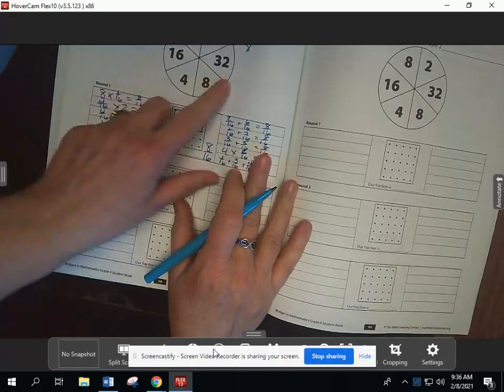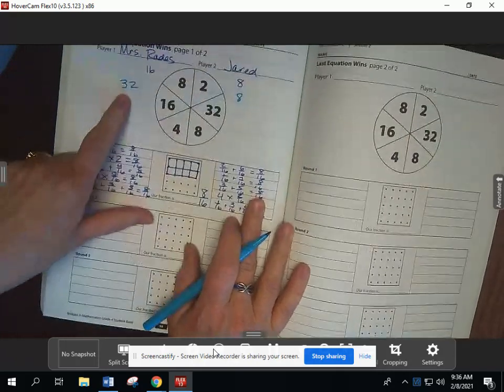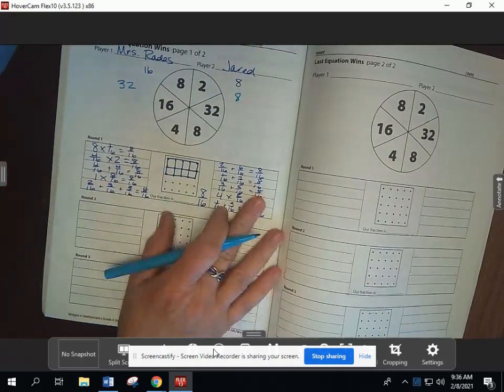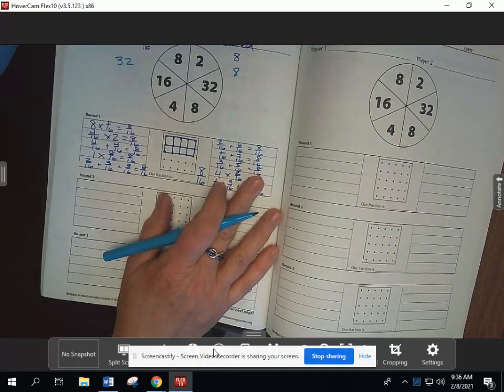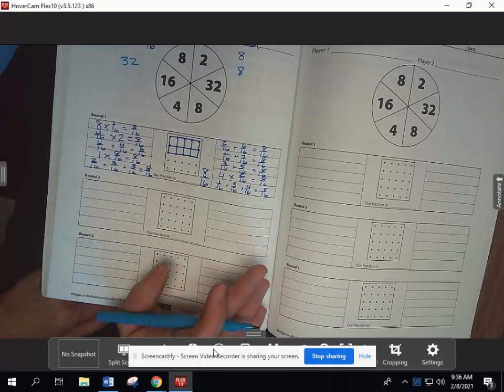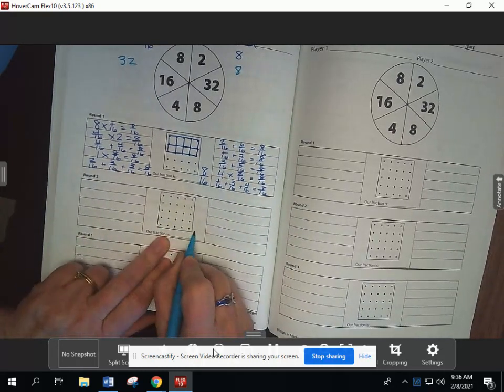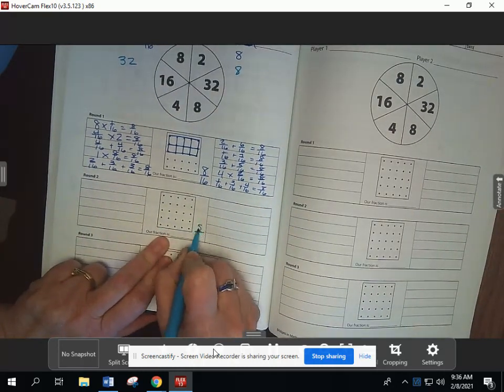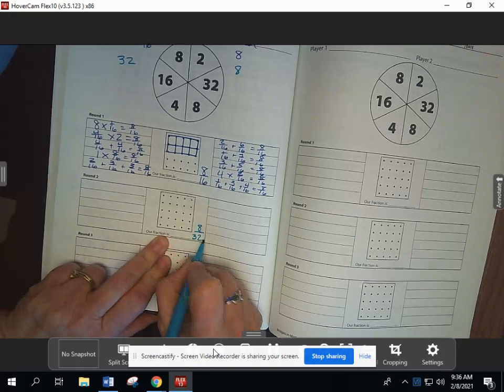Okay. So we have to make this into a fraction. How do we make the 8 and the 32 into a fraction less than 1? Who can tell me? Phoenix. 8/32.